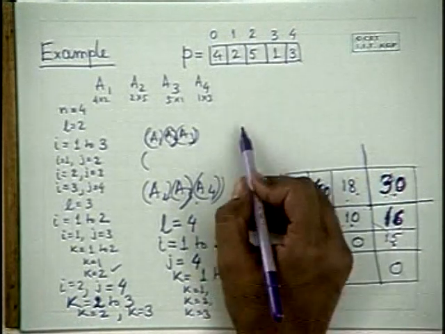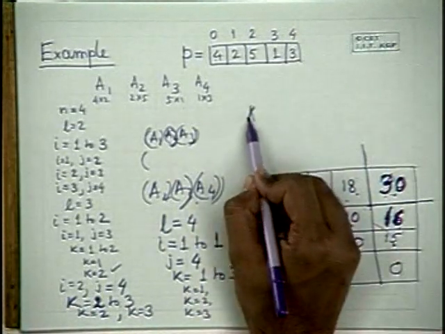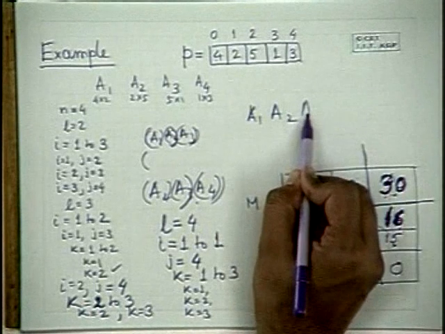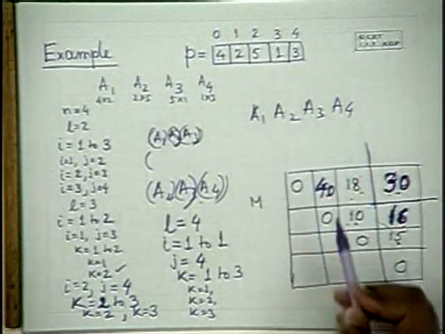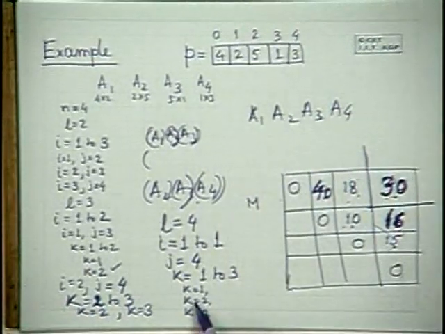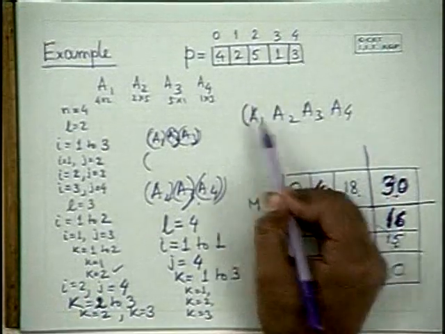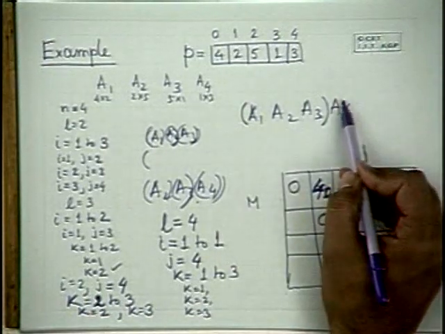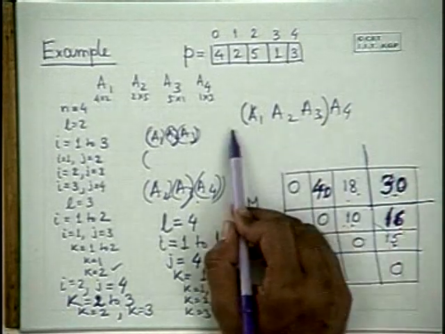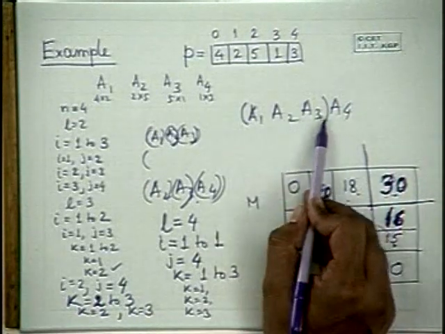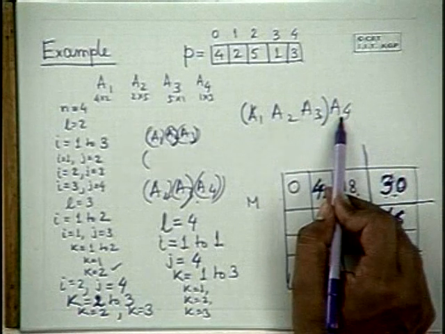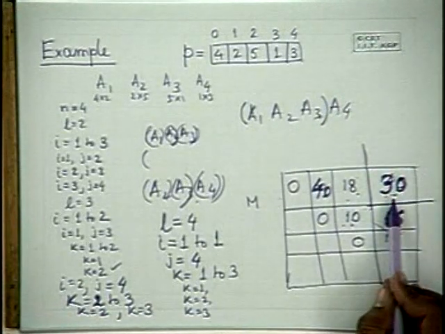And which gave the minimum? So I had A1, A2, A3 and A4. So I know when K is equal to 3 that gave us the minimum. So that means the parenthesization must have been like this first, right? All 3 were multiplied first, then A4 was multiplied because that's the last one that gave that combination.